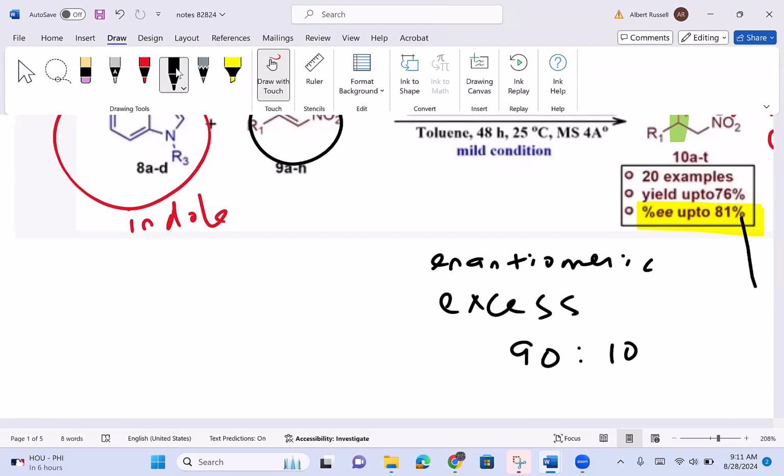So you'll have 90% of, let's say, R and then 10% of S, roughly. So when you see that term enantiomeric excess, that is a ratio of enantiomers.